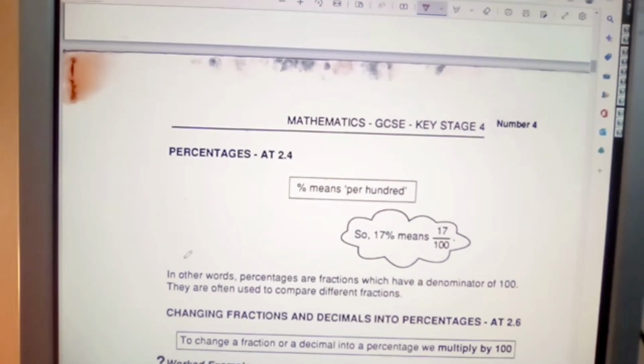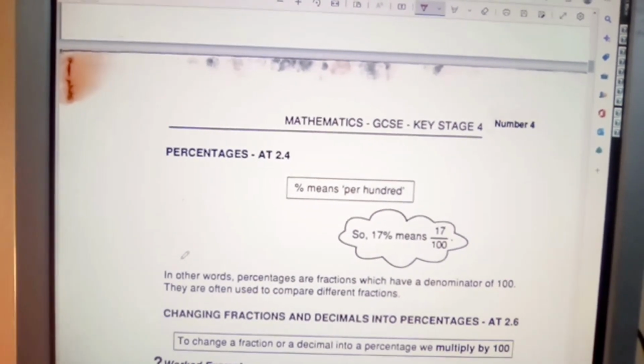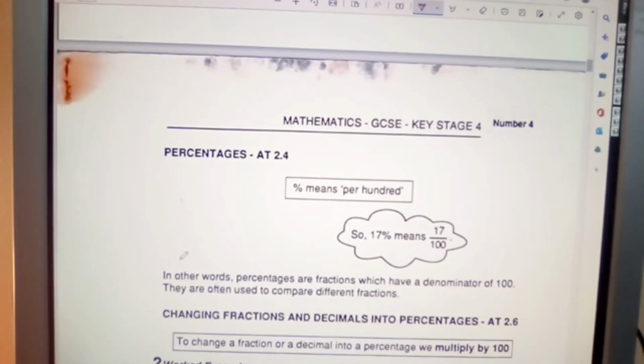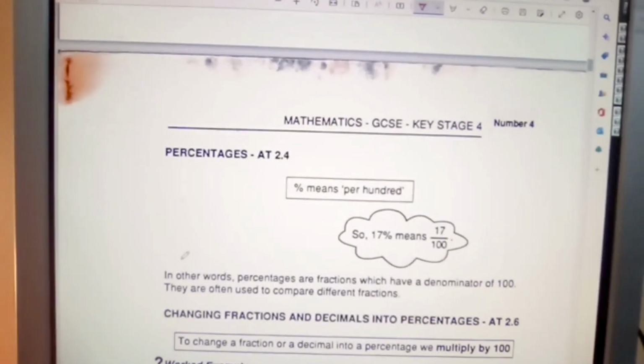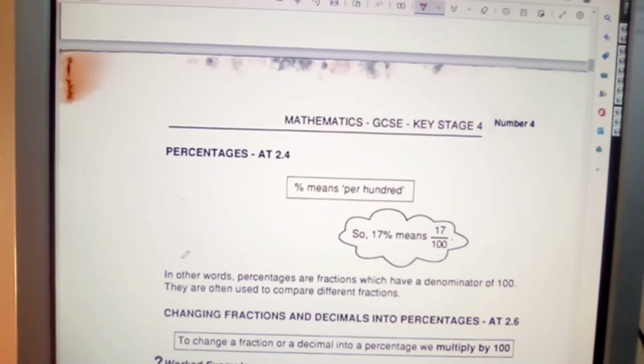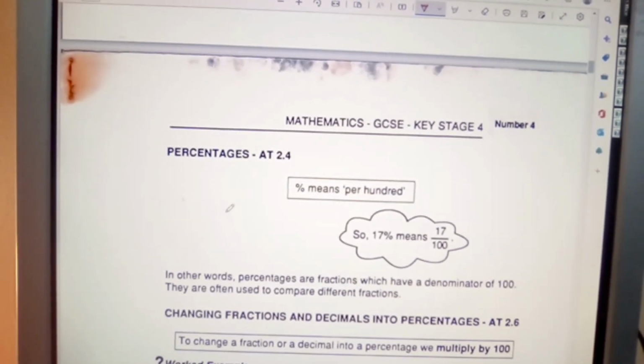So what would it be as a decimal? Okay? So as a decimal, it would come out as 0.17.